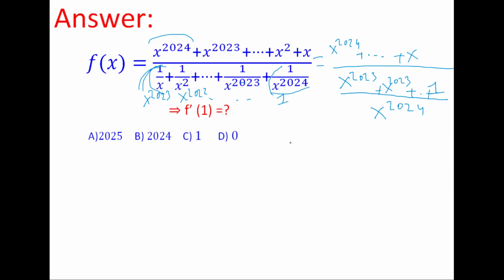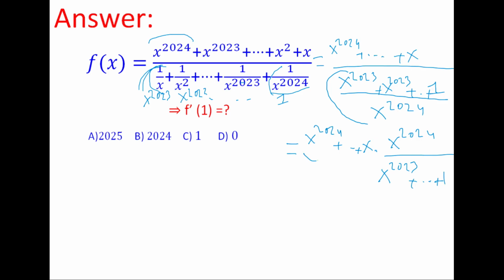That is going to be equal to, I'm going to write the numerator as it is, so x to the power of 2024 plus up to 1, times, I'm going to take this fraction, put a multiplication here, and then take the inverse of it. So it's going to be x to the power of 2024 divided by x to the power of 2023 plus up to 1 here, guys.